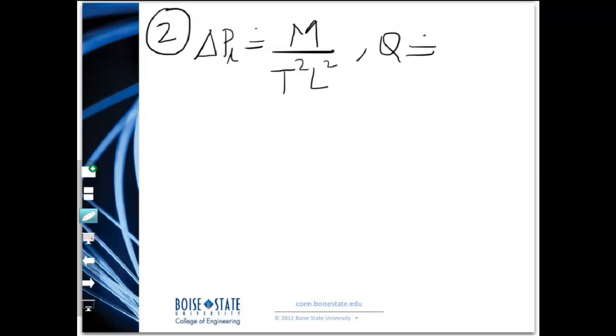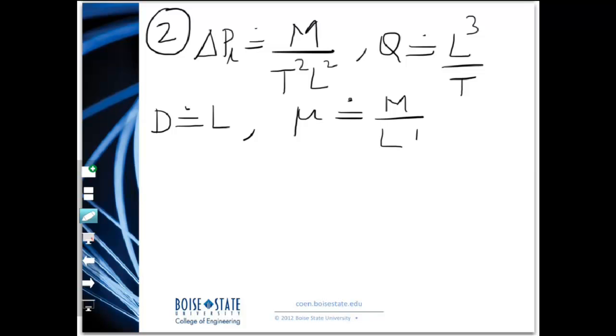Q is the flow rate, L cubed over T, D is L, and mu is M over LT. So you see that M, L and T appeared in the problem, so the number of primary dimensions is 3.